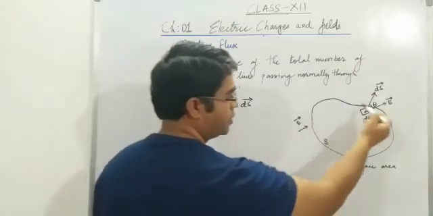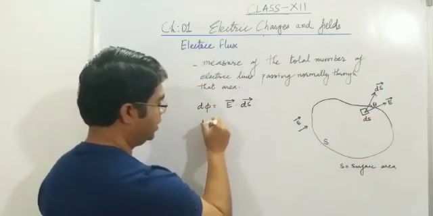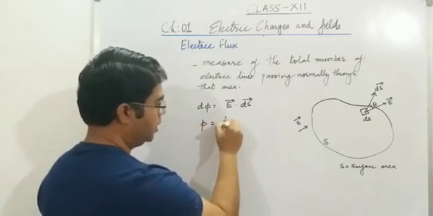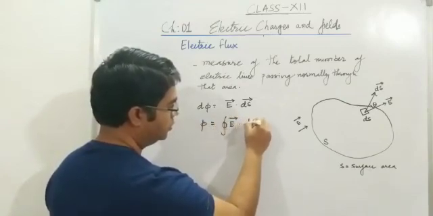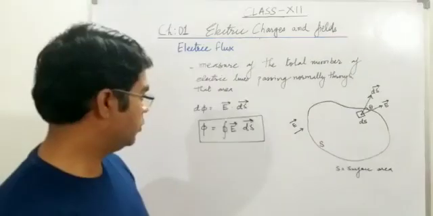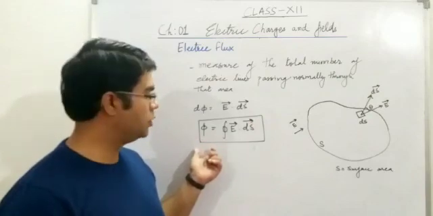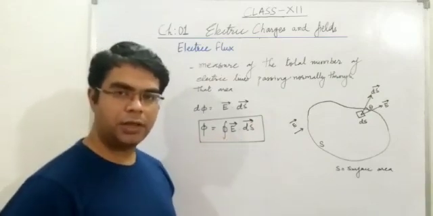Therefore, total flux passing through this surface of surface area S is given by phi is equal to integral E dot ds. So electric flux is equal to the surface integral of electric field taken over the closed surface.